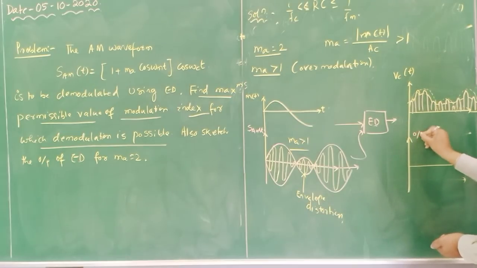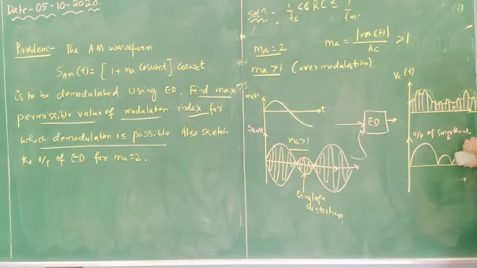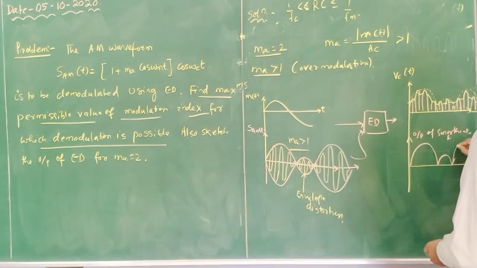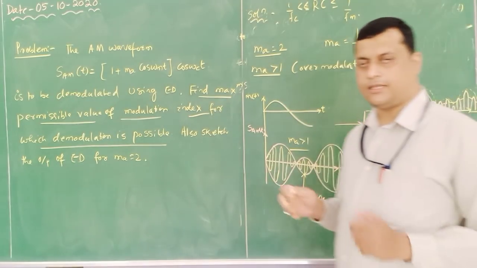So the output of the smoothing filter will look like this. This is the output of the smoothing filter, which is only the envelope.